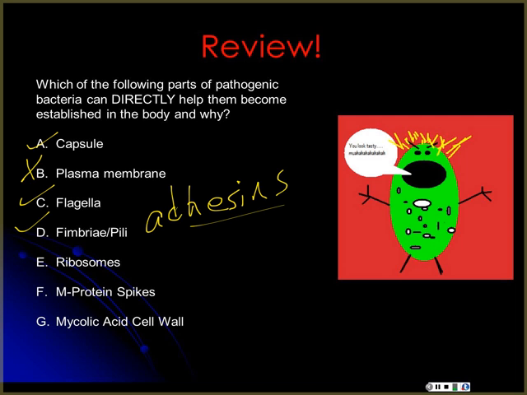How about ribosomes? Not directly, because any living thing has ribosomes. M protein spikes. Yeah, those are Streptococcus bacteria, Streptococcus pyogenes. Mycolic acid cell wall. Yeah, and who has that?